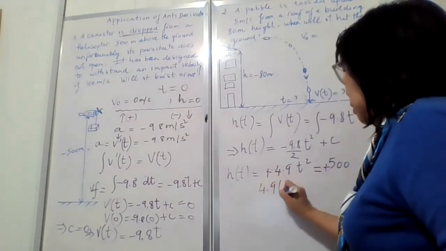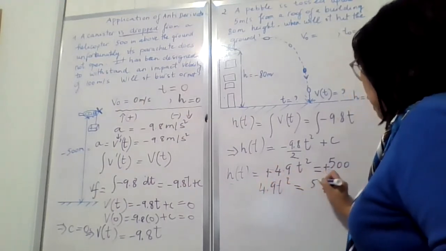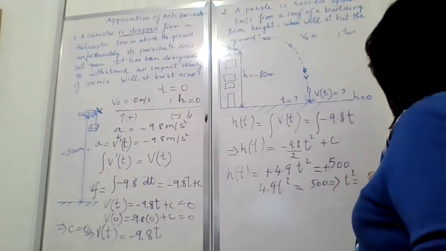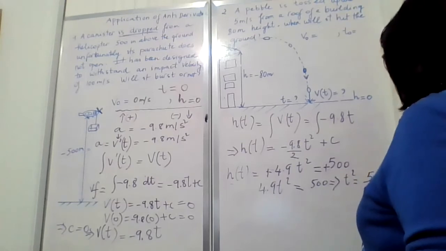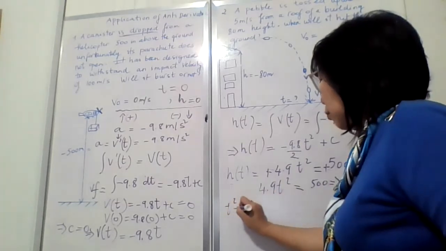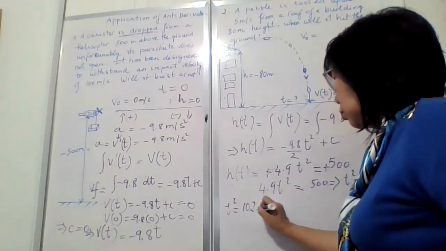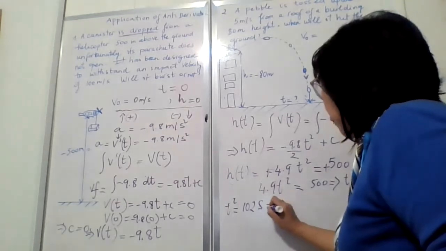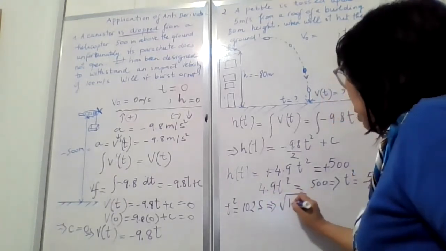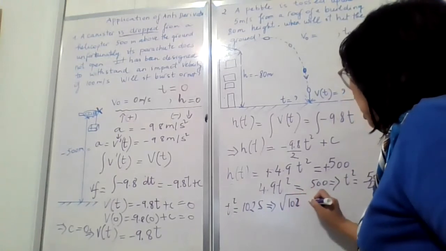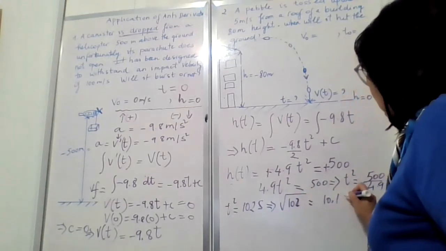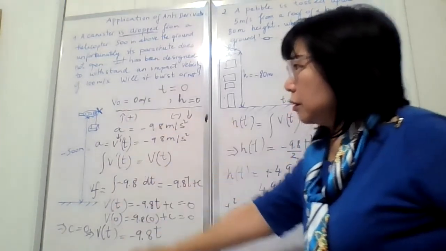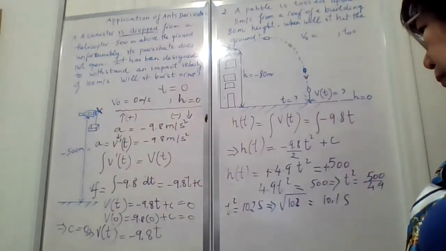So 4.9 t squared equals 500. Therefore t squared equals 500 divided by 4.9, which is about 102 seconds squared. Taking the square root, we get t equals 10.1 seconds. So it takes 10.1 seconds for the canister to fall to the ground.